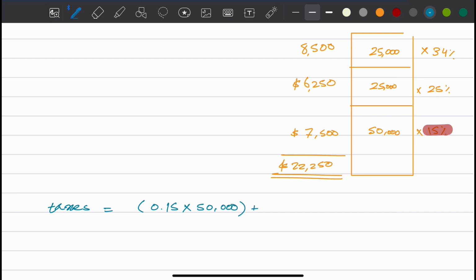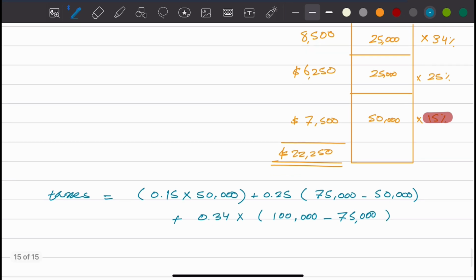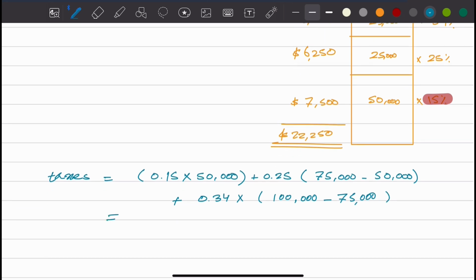Then we're going to add 25%, which is 0.25, multiplied by 75,000 minus the 50,000 that was already taxed at 15%. Plus the remaining 25,000, which is going to be taxed at 34%, so 0.34 multiplied by 100,000 minus 75,000. Now run these numbers on your calculator and you should get the same answer.